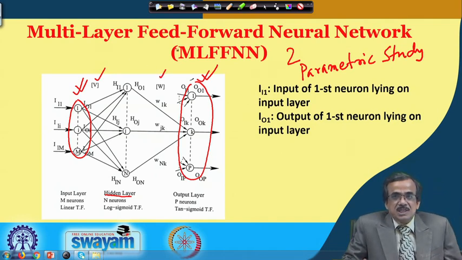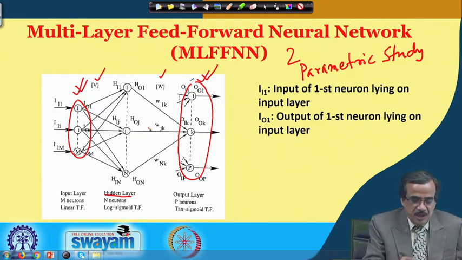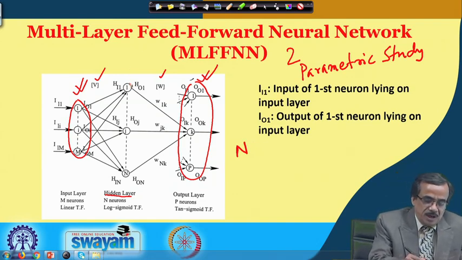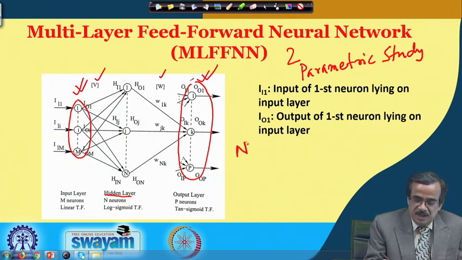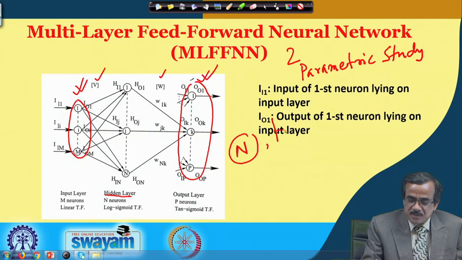Besides the V and W matrices, the performance of this network depends on the number of neurons we are going to put in the hidden layer, that is denoted by capital N, and it depends on the bias value.